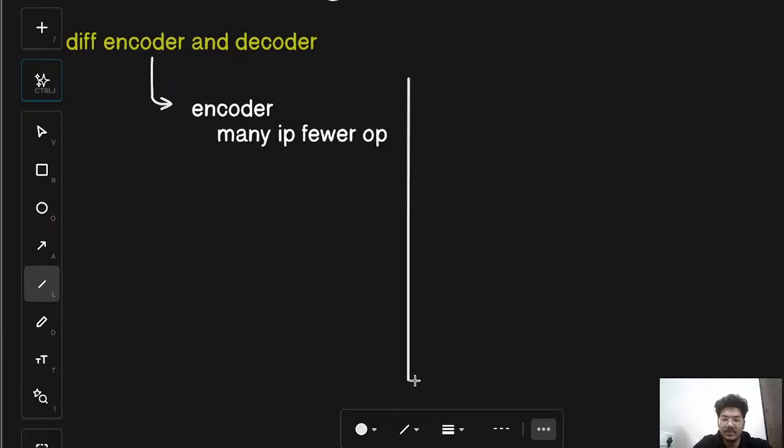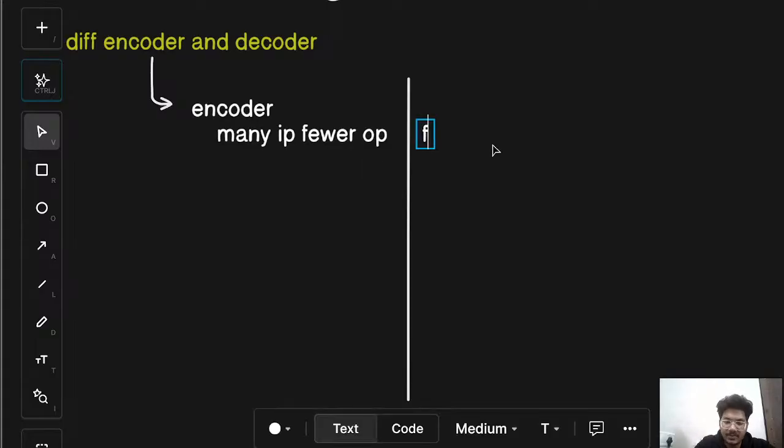On this side we discuss the encoder, and on the other side the decoder, which has few inputs but many outputs. So the main function differs.